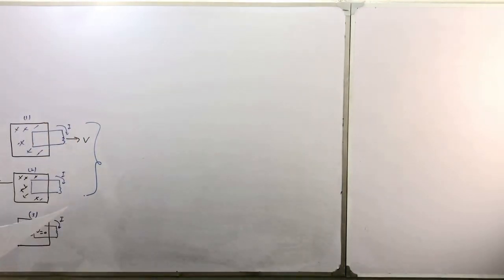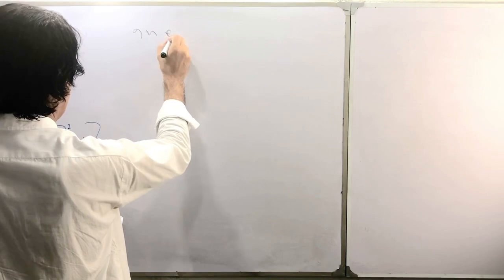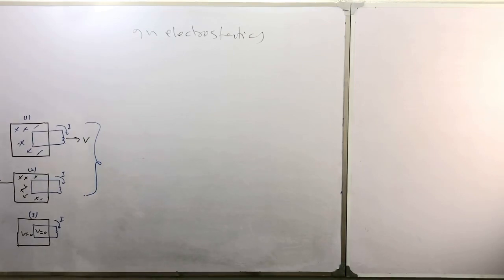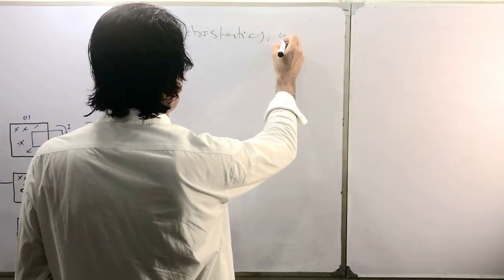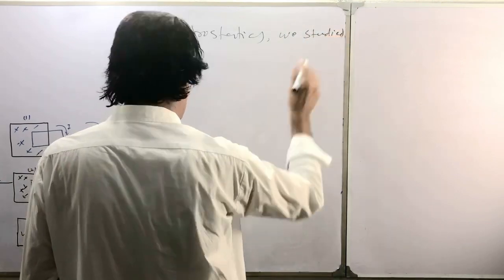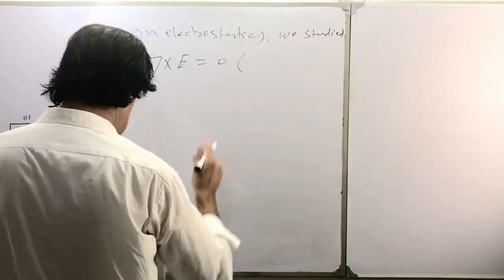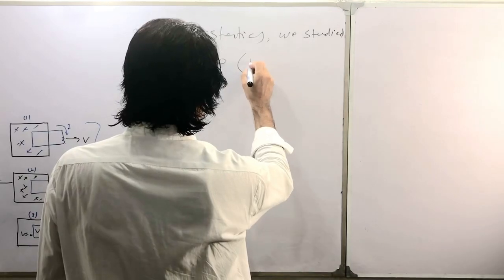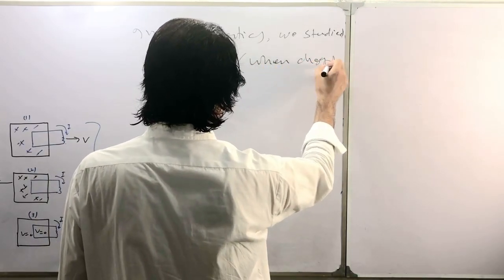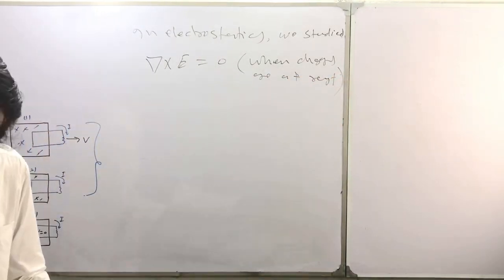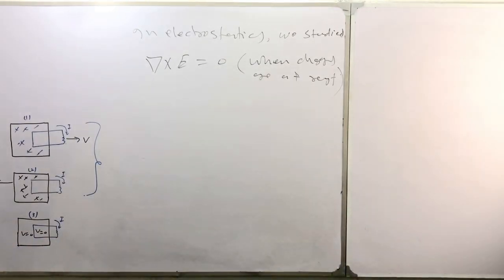Now, in electrostatics, we studied that ∇×E equals 0 when charges are at rest. Already we know about this. When charge is at rest, the curl of E must be equal to 0.